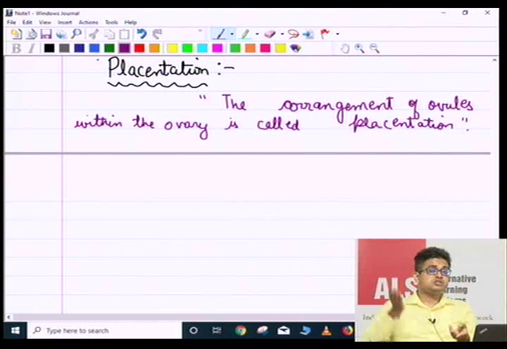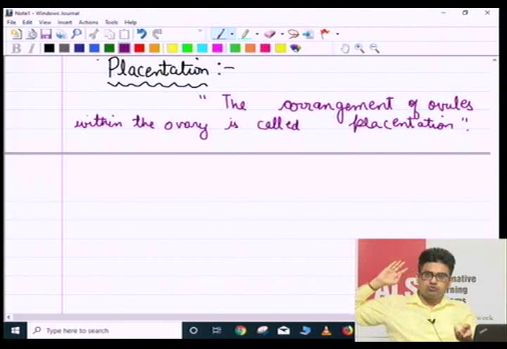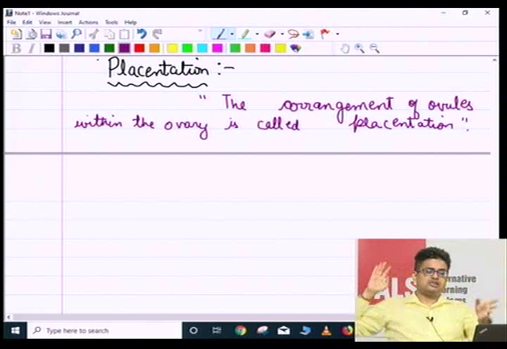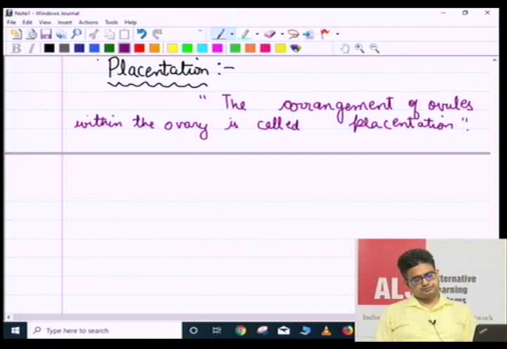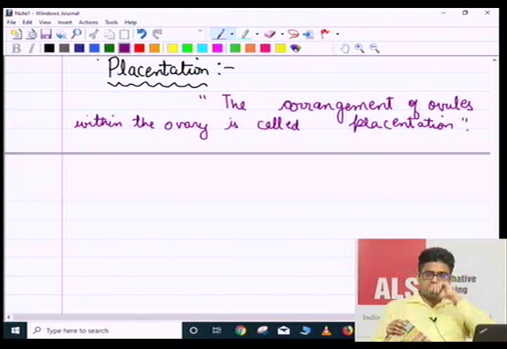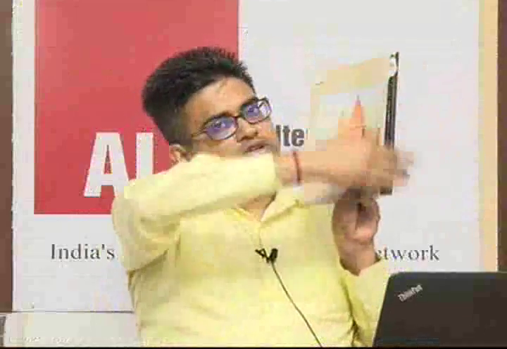Now we have to study this arrangement of ovules inside the ovary. That is what is called placentation. So now I will tell you about the most simple kind of placentation, called the marginal placentation. In marginal placentation, ovules are arranged on either side, on the margins.